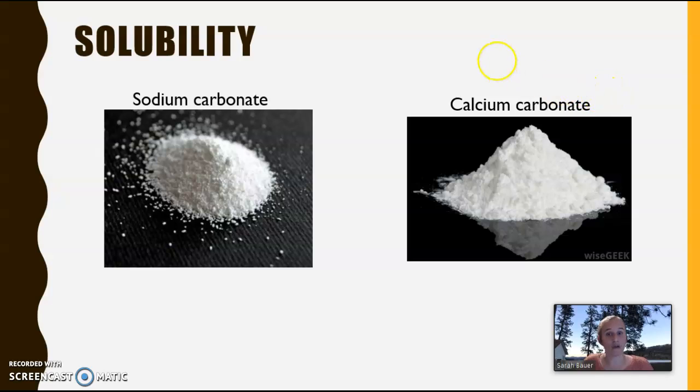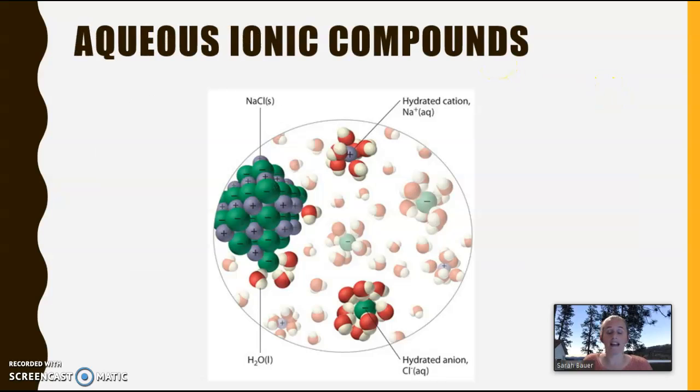Now remember, as you've hopefully already learned, when ionic compounds, when salts do dissolve in water, there's a really particular thing that happens in that the ionic bonds are actually broken. The water pulls the ions apart, and the ions separate from each other and spread throughout the water.